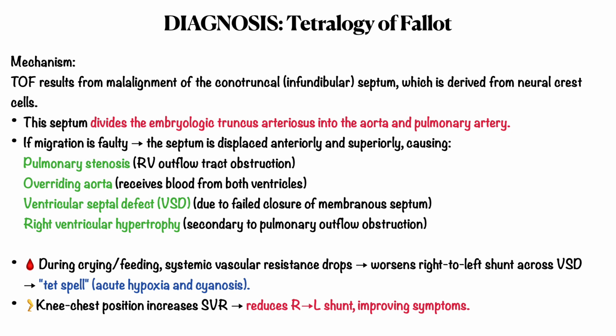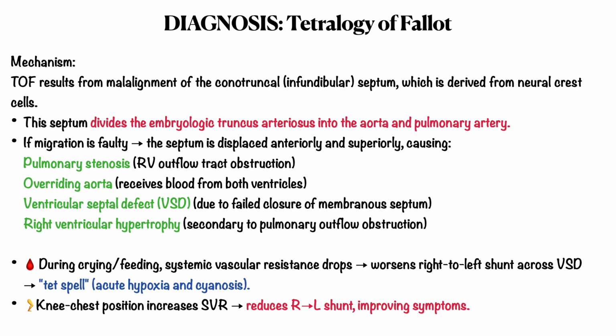Pulmonary stenosis, not only pulmonary, it is actually right ventricular outflow tract obstruction. It can be infundibular obstruction, right? So overriding of aorta is another lesion. That is, it receives blood from both ventricles, and ventricular septal defect due to failed closure of membranous septum. And also right ventricular hypertrophy, because there is pulmonary stenosis and there is more overload. I will tell you how to remember these 4 lesions, right? In upcoming time.